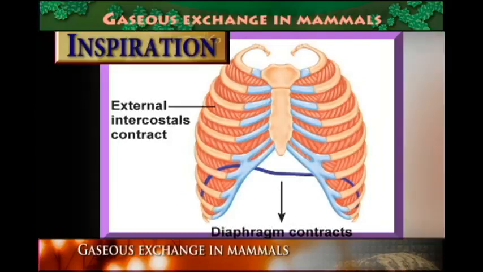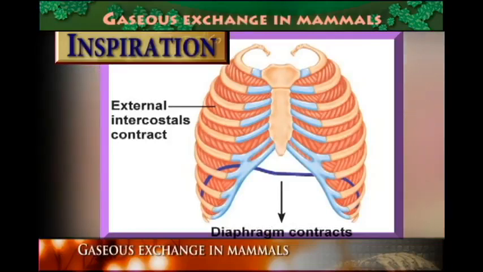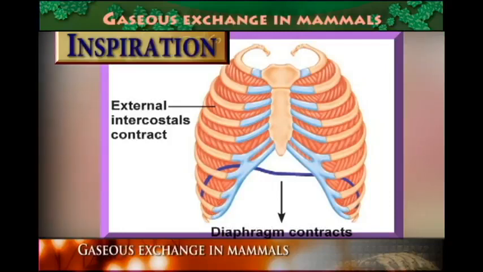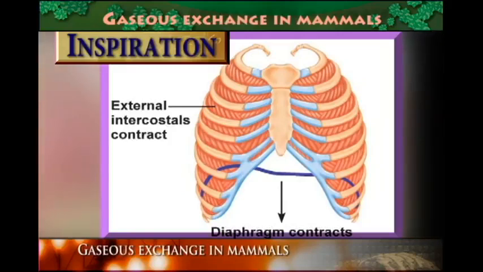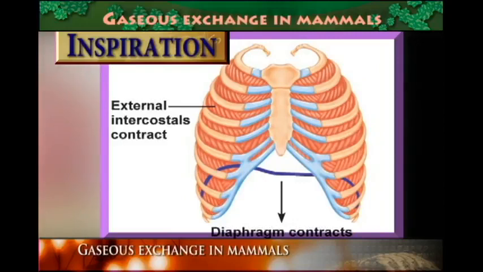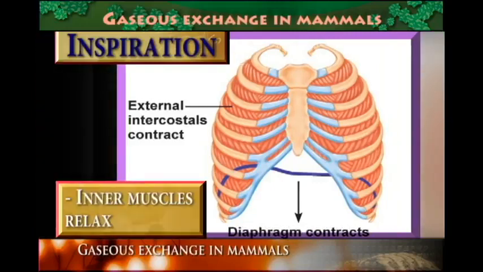During the inspiration process, the external intercostal muscles will contract. These are the external intercostal muscles that we have on the sides of the ribs. In the process of contracting, the inner muscles in the ribs will relax.